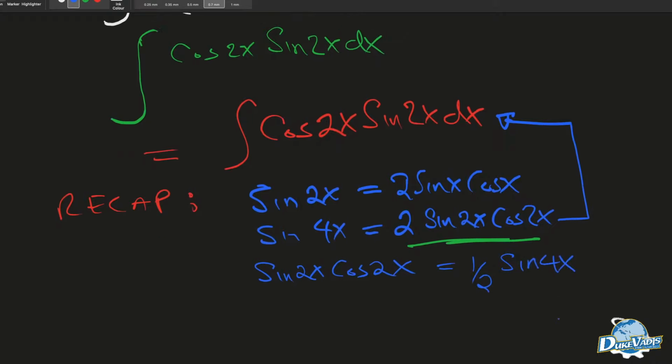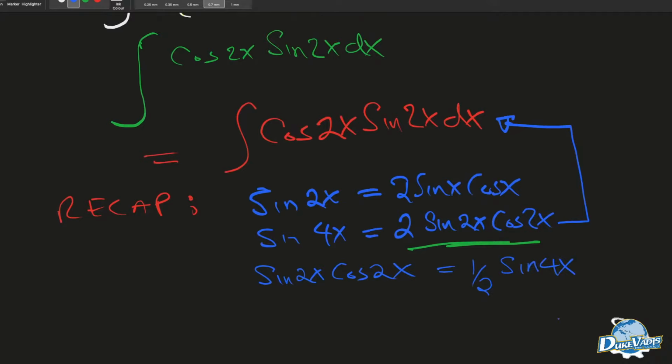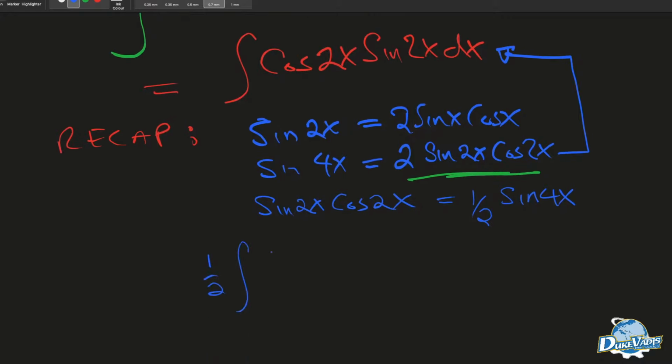Beautiful. So in the substitution, since we know that sine 2x cos 2x is half of sine 4x, our integral will be half the integral of sine 4x dx eventually.